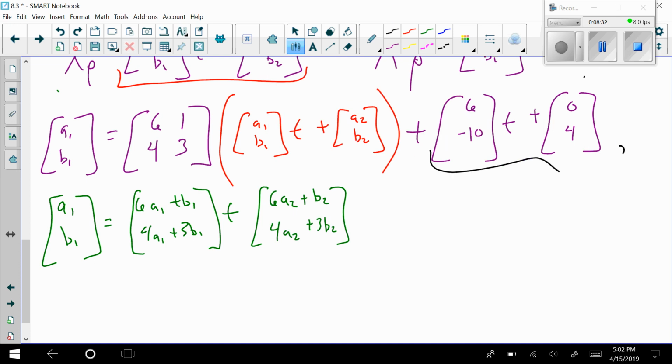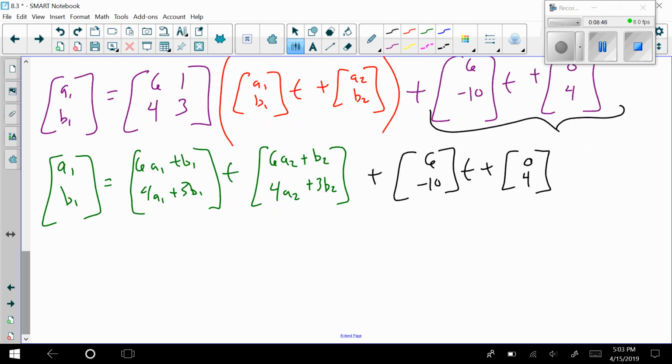This stuff's just dropping down. And now you can kind of see it starting to take shape. What you'll want to do is create the equations from here. I'm sorry, I forgot to put this plus sign in here.